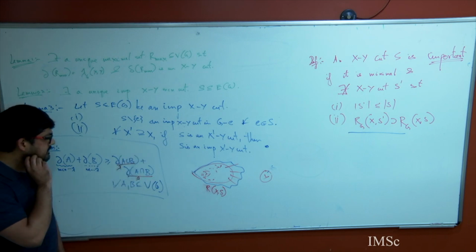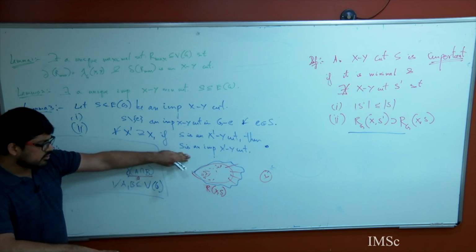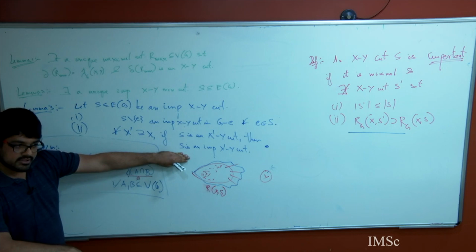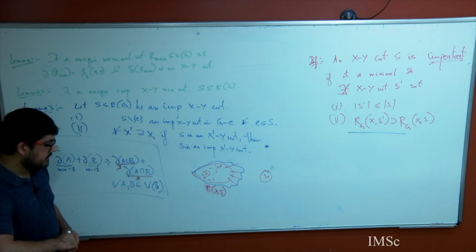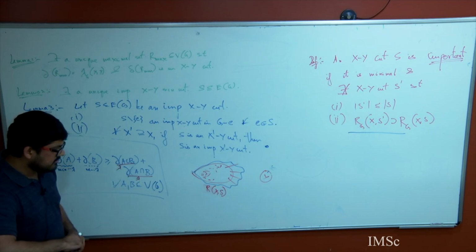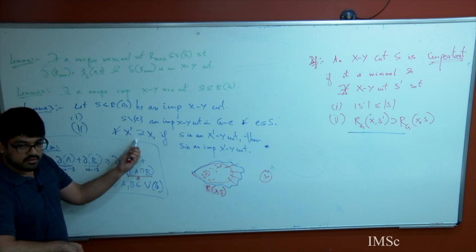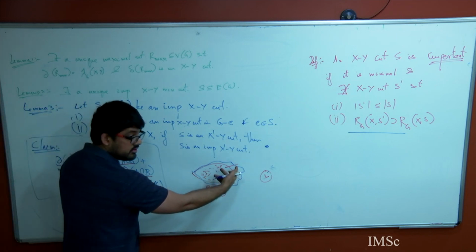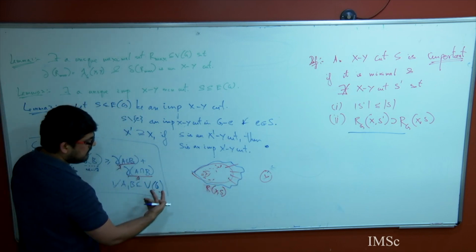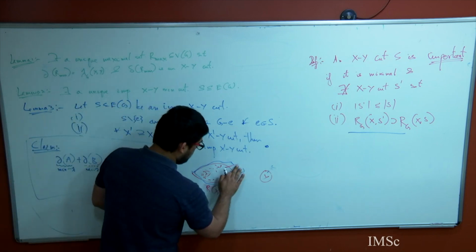But then, no, wait. The way I have phrased this statement, it's still true. Why would the statement be violated? Some edge from the cut S. No, X prime has to be a vertex set. Both endpoints. Yeah, that's what I meant. Okay, that shouldn't be a problem.